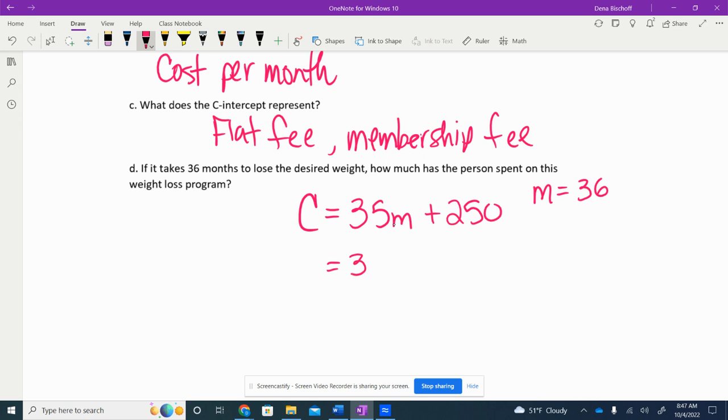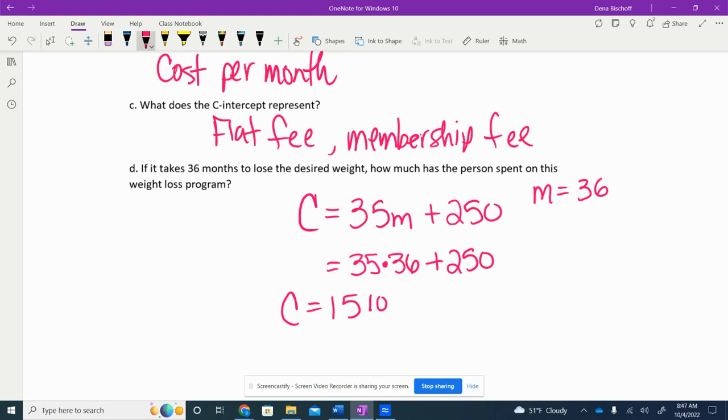So what does that mean in terms of math? 35 times 36, right? Plus 250. So what is my total cost for that program? $1,510, you said? Yeah. Did someone else get that?